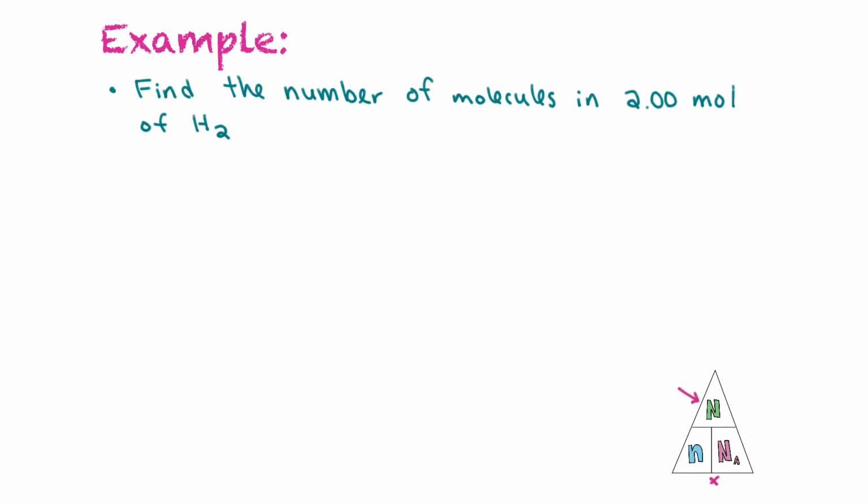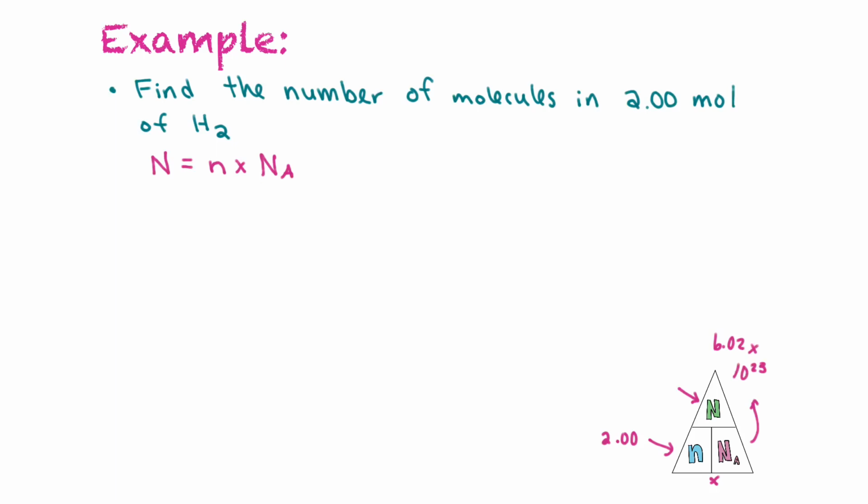So if we write out that relationship, we want to find out big N, and that's equal to little n times NA. And we know that little n is 2.00, and we know that Avogadro's constant is 6.02 times 10 to the power of 23.